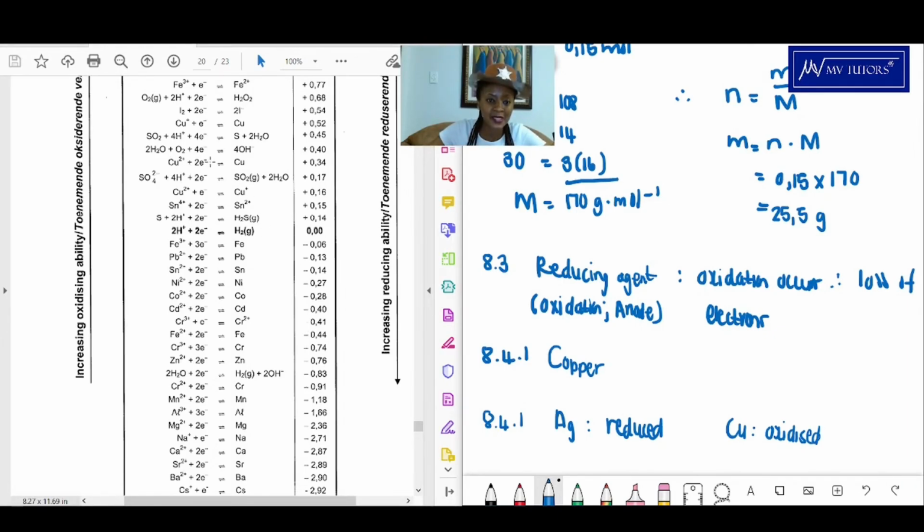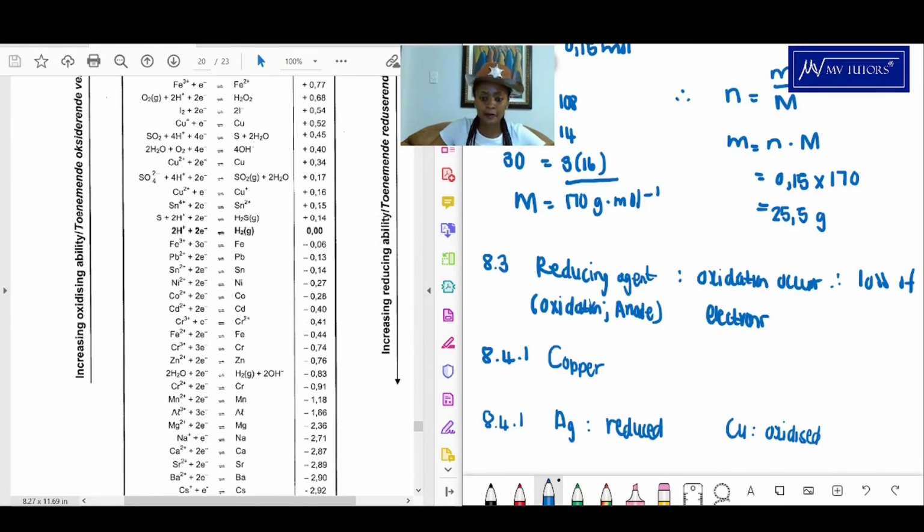So copper 2+ is up here, zinc should be lower than it. And yes, there is zinc. Definitely zinc is a good reducing agent, much better than copper, meaning that zinc oxidizes if you're comparing zinc with copper, and copper is the one that reduces. But in this case, silver is the one that is reduced and copper is the one that is oxidized.